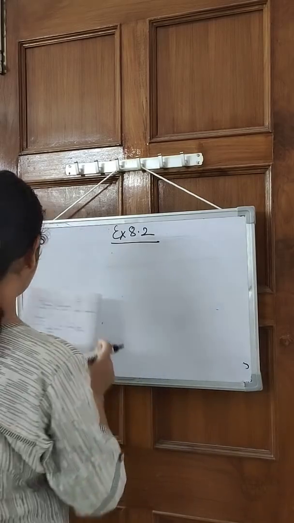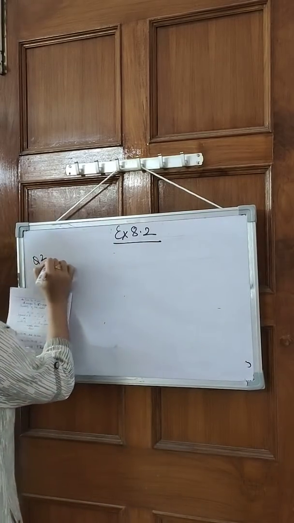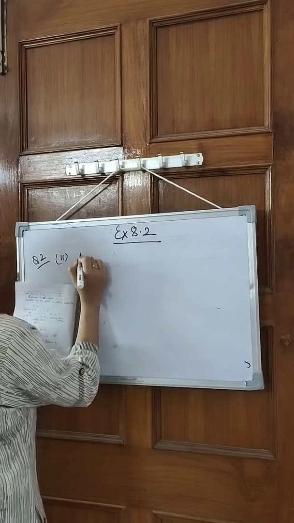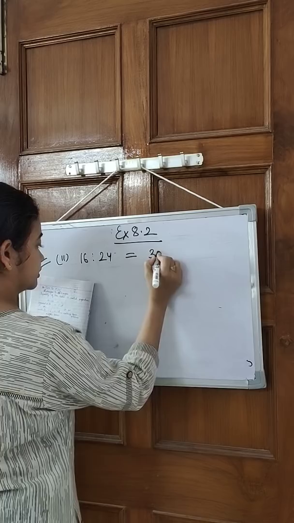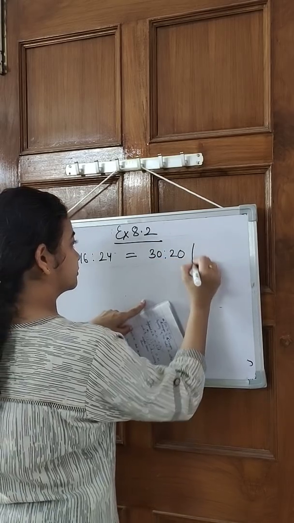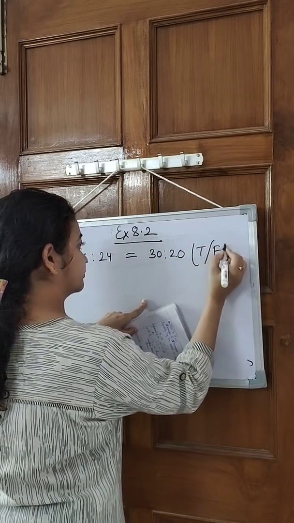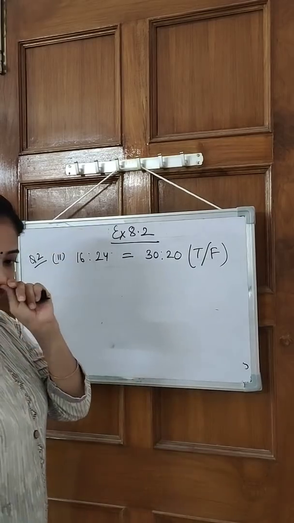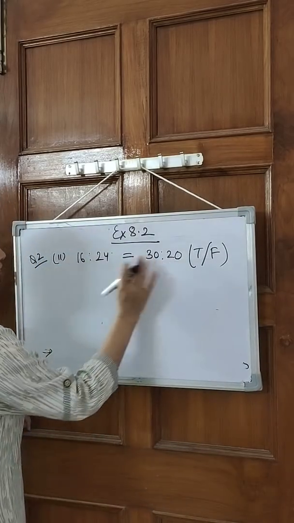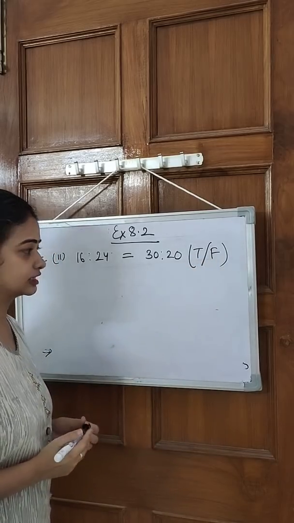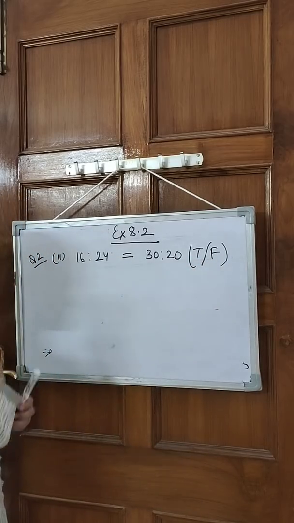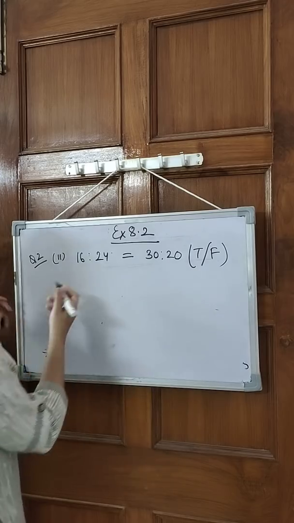Now here they have already put the sign of equal to: 16 is to 24 equal to 30 is to 20. And this is what you have to check. They are saying that these two ratios are equal, and you have to tell whether it is true or false. So let's do it with the same method. We can simply divide them.